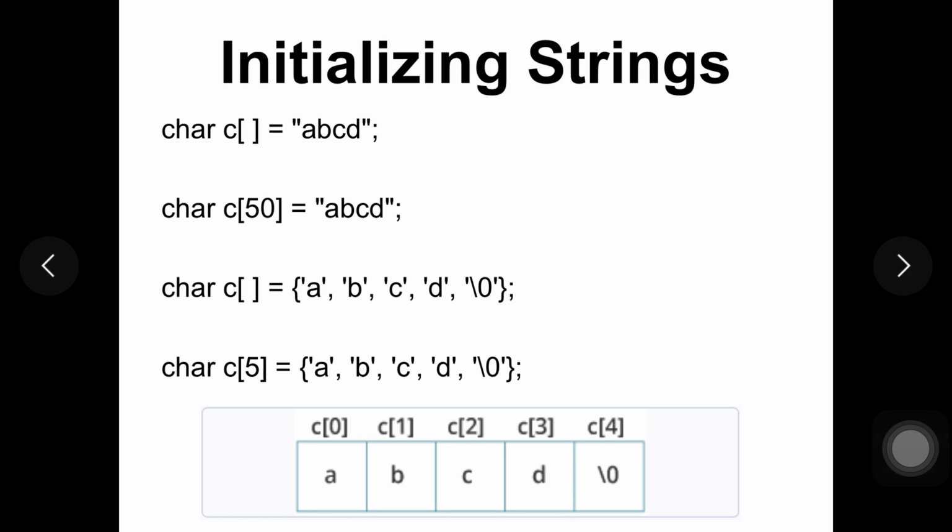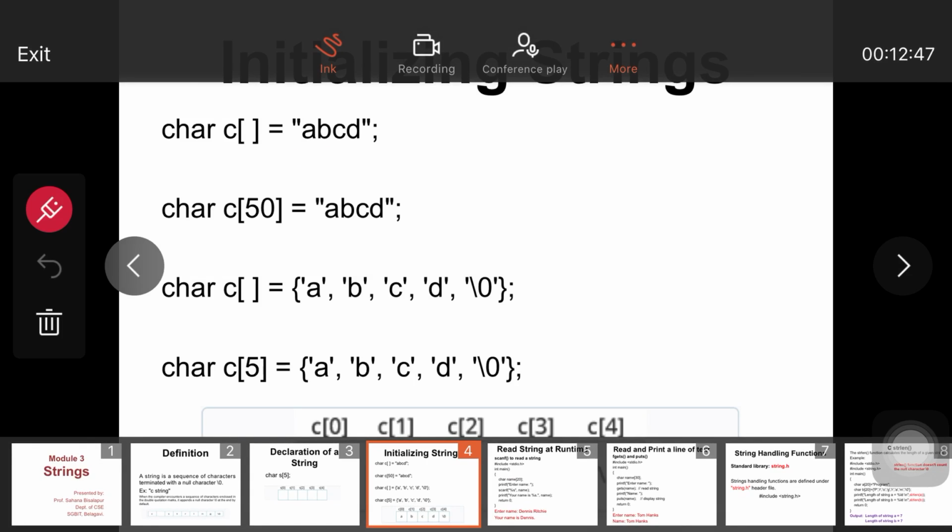In the 0th location A will be stored, in the first location B, in the second location C, and in the third location D. And as you all know, a string is always terminated by a null character, so extra space is required for the null character, which is stored at the 4th position, and you need not mention the null character while initializing the string.